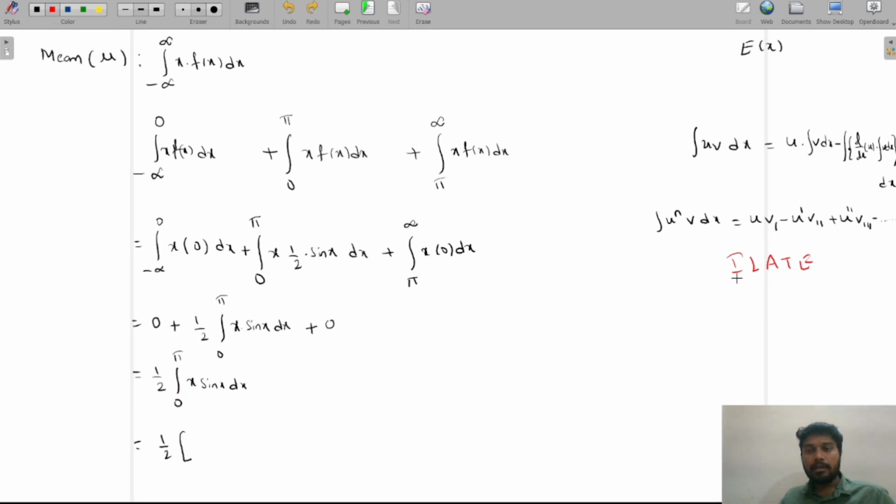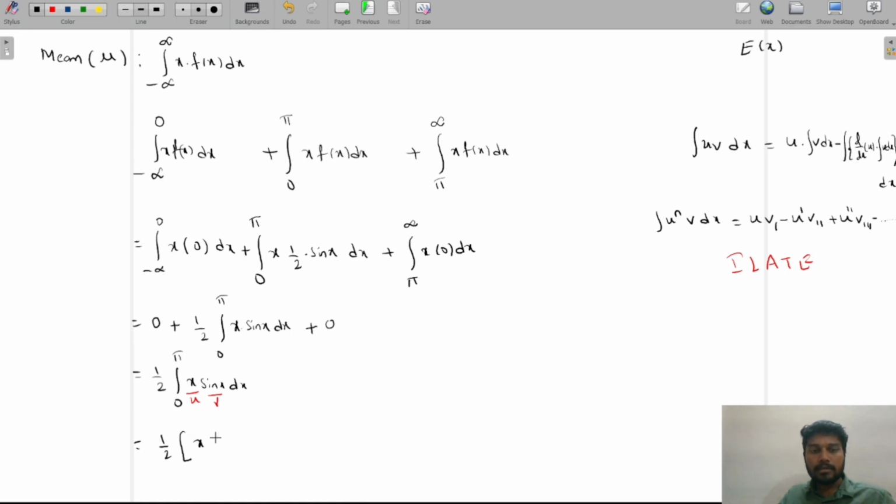No. L for logarithmic: is there? No. A for algebra: is there an algebraic term? Yes, x is algebraic. So I am treating x as u, and the rest of the term as v. So I am substituting in this formula.